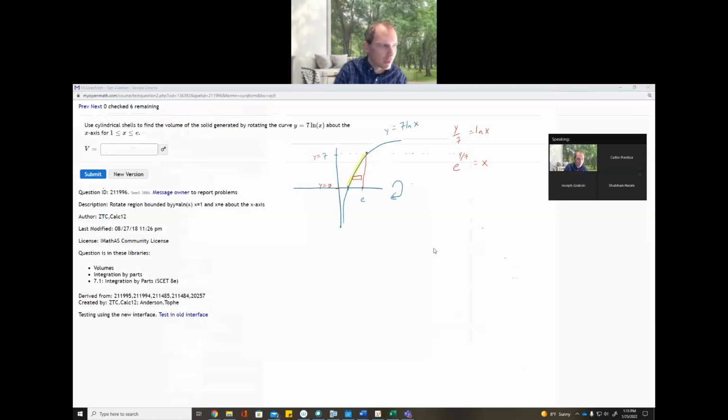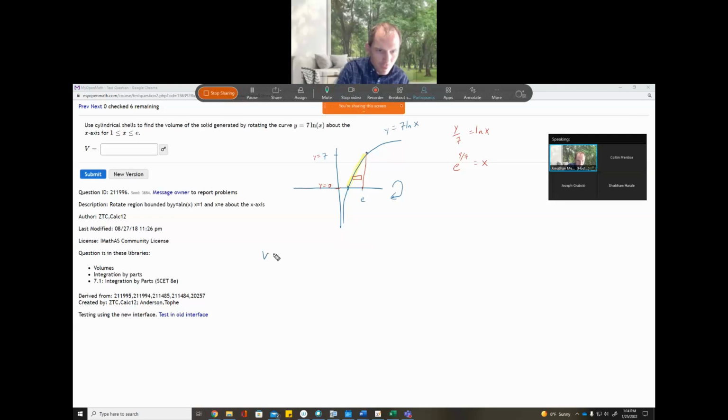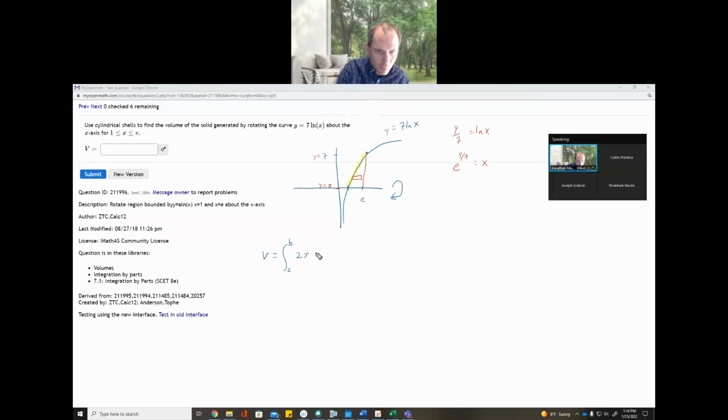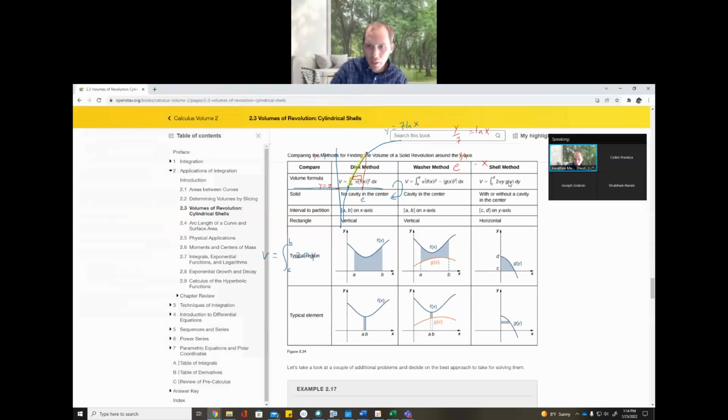So I'm going to go ahead and write down my formula. The volume is the integral from a to b of 2 pi y times, remember that the function here is g of y, and we're integrating dy.